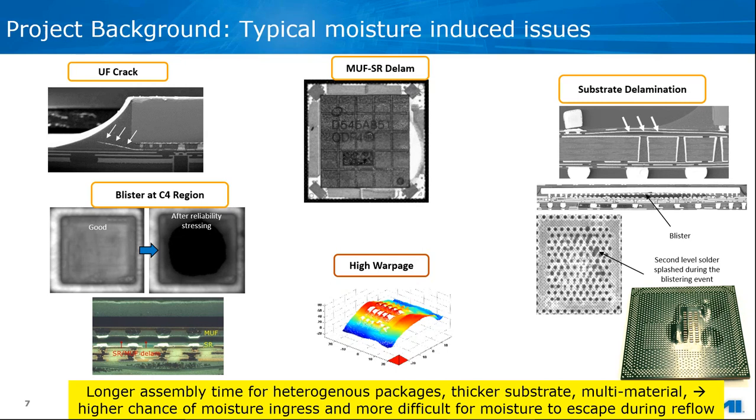As our industry moves towards more advanced heterogeneous multi-die packaging technologies, we expect the packaging assembly times to be much longer because of more process steps. We also expect the package sizes to grow, the thicknesses of the substrates to grow, and the use of more moisture-sensitive materials like die attach film.